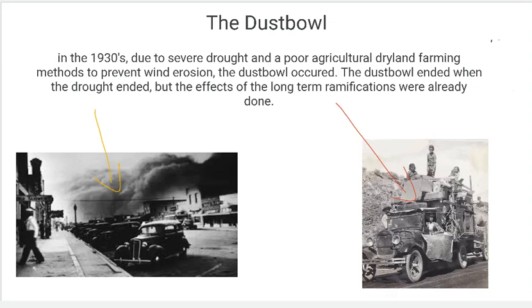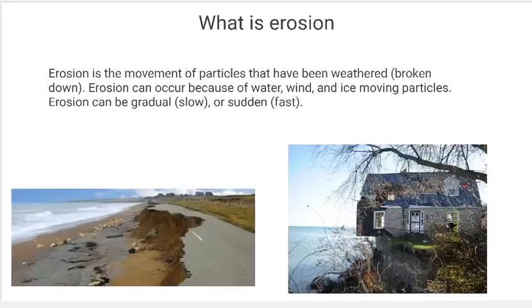So, in summary, erosion is the movement of particles that have been weathered or broken down. The processes of weathering and erosion have similar methods through water, wind, and ice, and can occur in tandem, hand in hand, simultaneously.